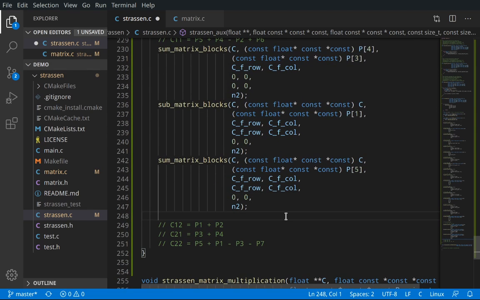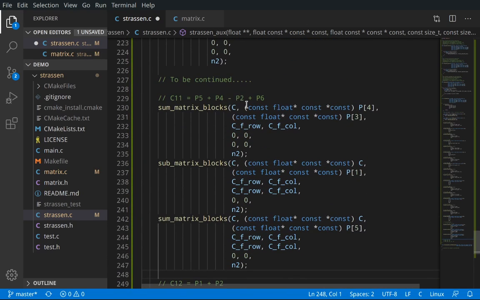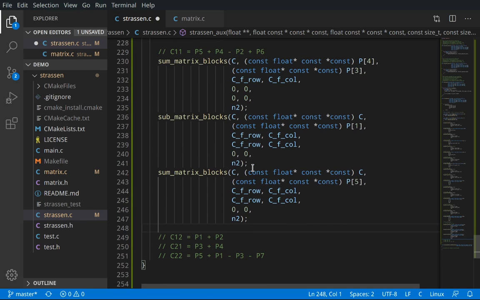So now in C11 we got exactly what is written here. Okay, so hopefully this is what the Strassen algorithm should do.